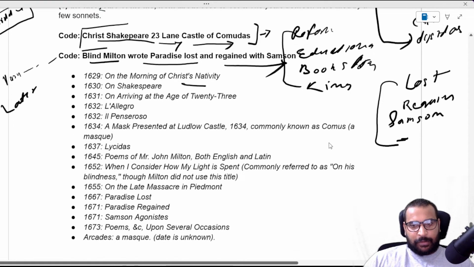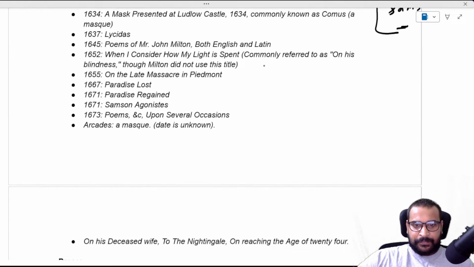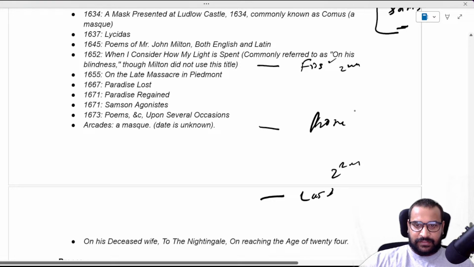Okay, comment box. The order is clear now. Remember, earlier, later, middle, then we have first, last, second last, then we have second, and then in the middle all the prose. Prose, what prose? We have the code that I have given.